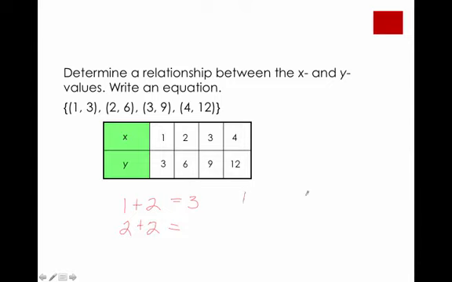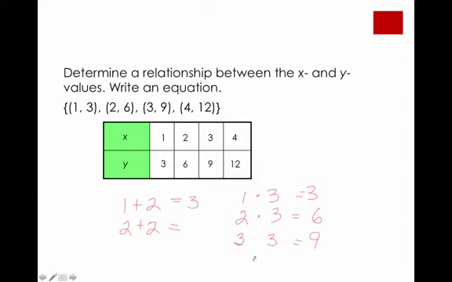How do I get from 1 with an output of 3? Well, I could multiply 1 by 3, and that'll get me a 3. Let's try that again with 2. 2, if I multiply that by 3, that gives me 6. This looks like what I wanted. 3 times 3 will give me 9.